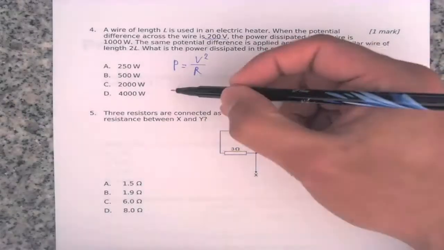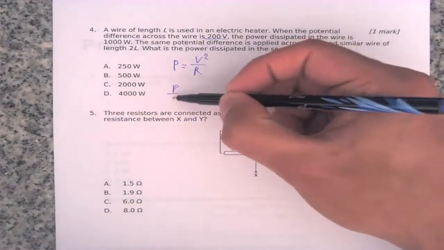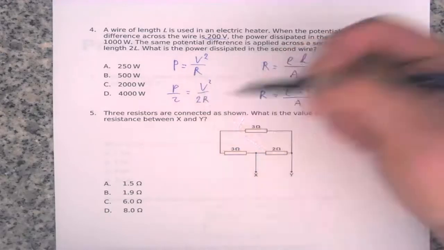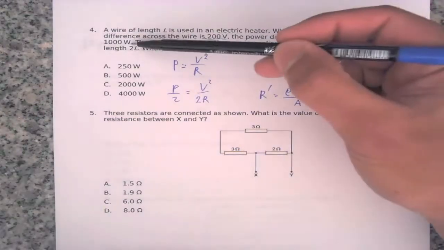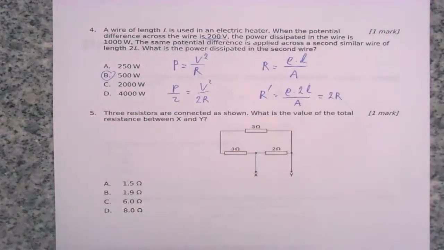So from here, if you double the resistance, you need to halve the power if you want this formula to still be correct. So from the 1000 watts, it needs to be halved, so it's going to be 500 watts.